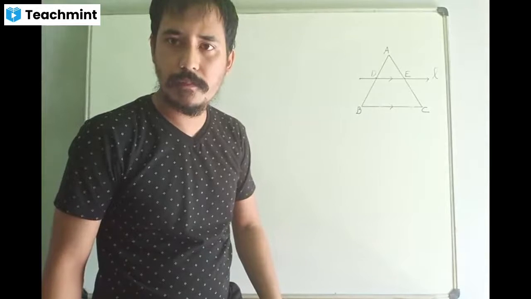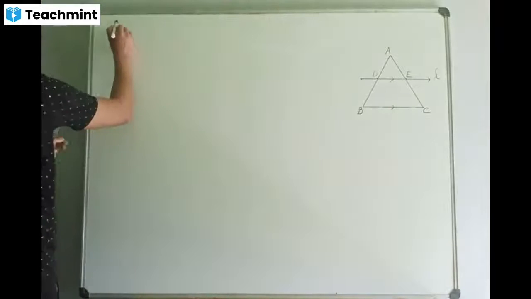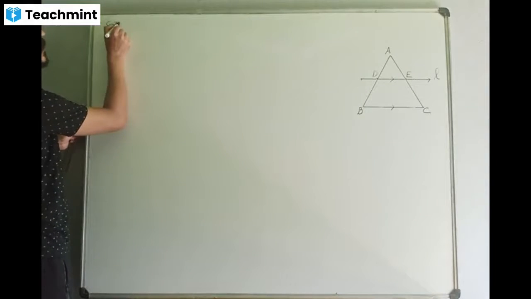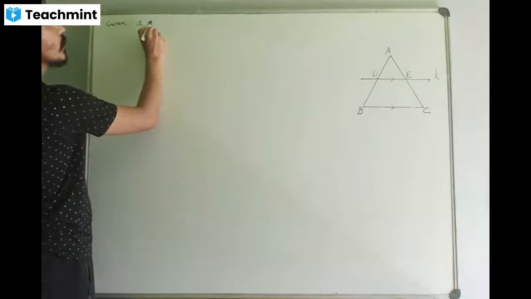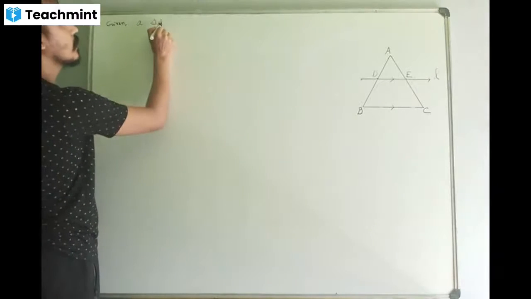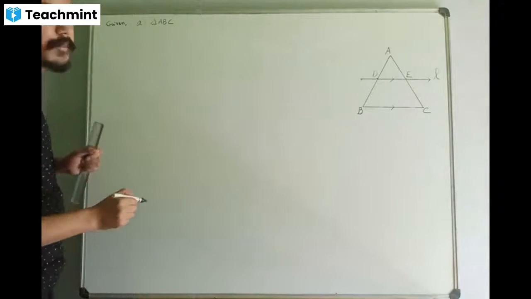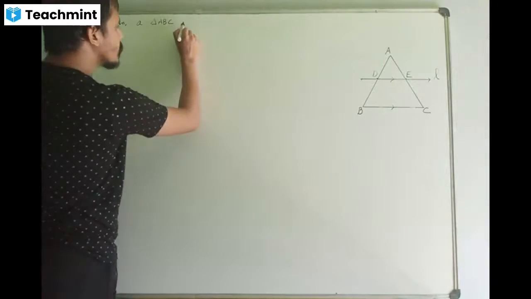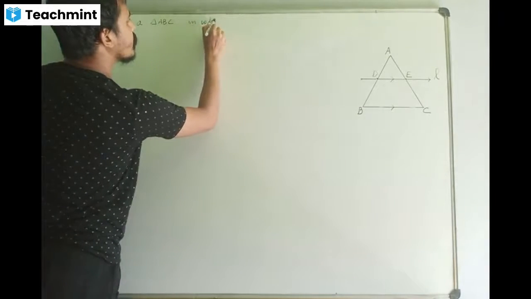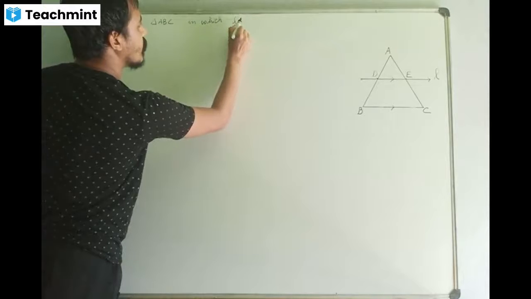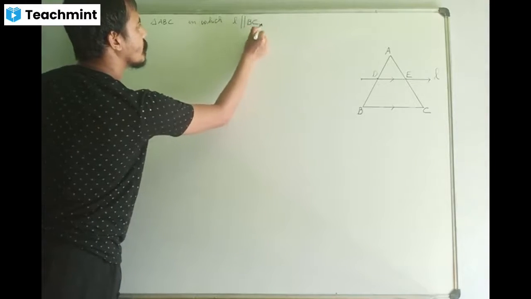Is it okay? So, what is given here? It's given that ABC is a triangle in which the line L is drawn parallel to one side of the triangle.